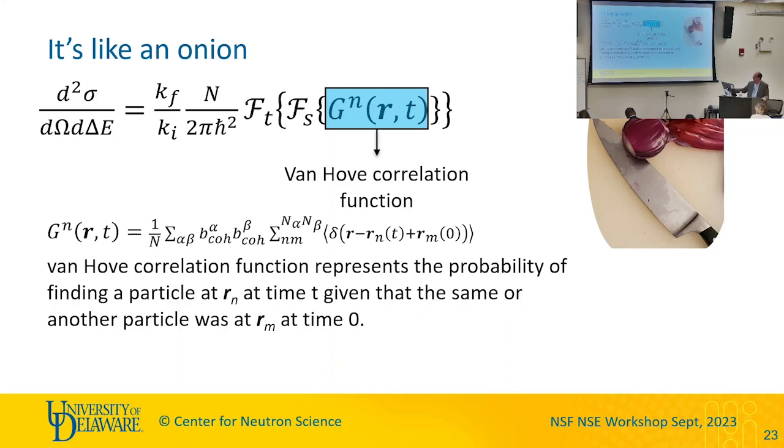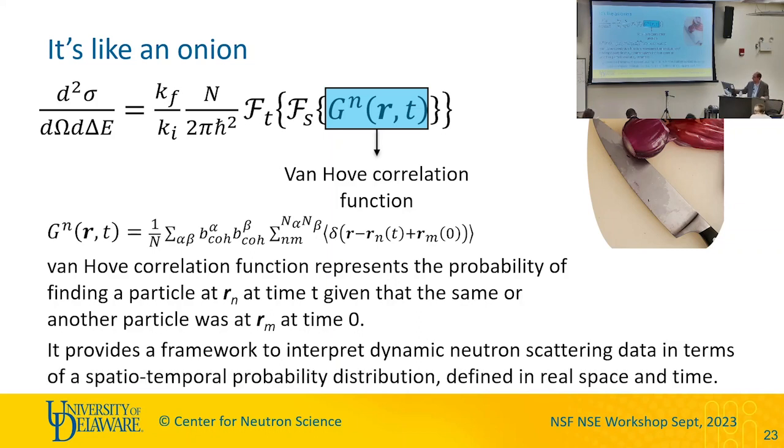It represents the probability of finding a particle at position r at time t, given that the same or another particle was at position 0 at time 0. It provides a very powerful framework to interpret dynamic scattering measurements. So bear with me a little bit, because I think this will become clearer soon.